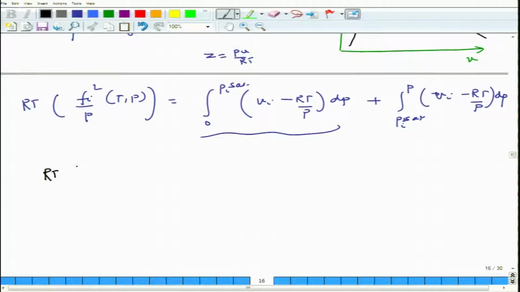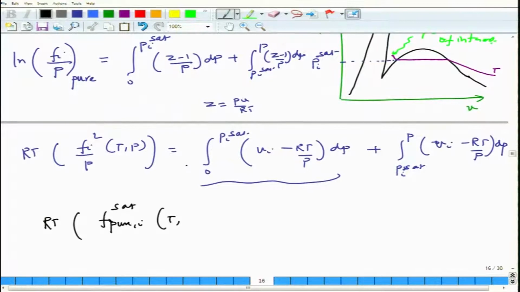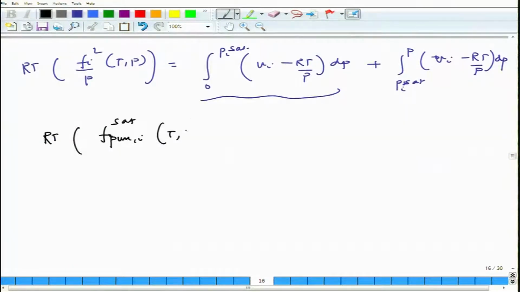Since RT ln f_i pure at saturation, corresponding to P sat, that means this point, is going to be simply the integral from 0 to P_i sat of (V_i minus RT by P) dP.